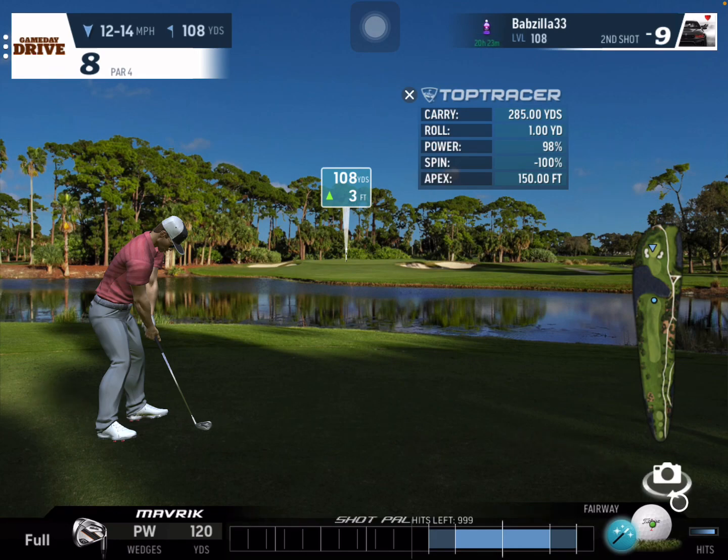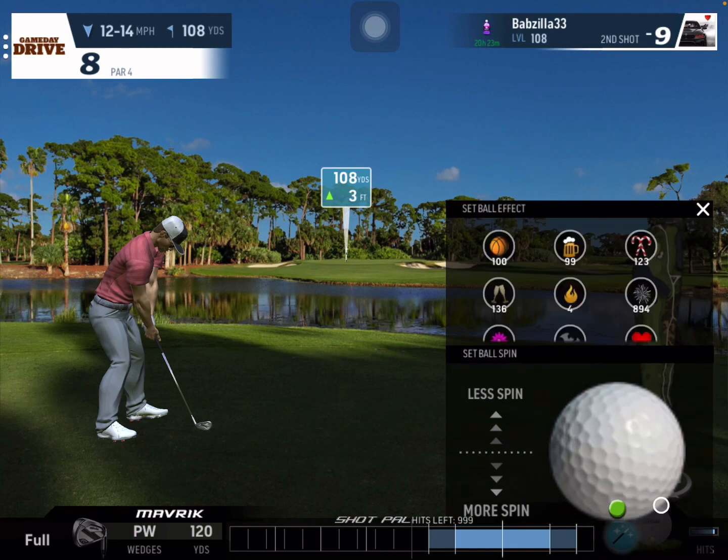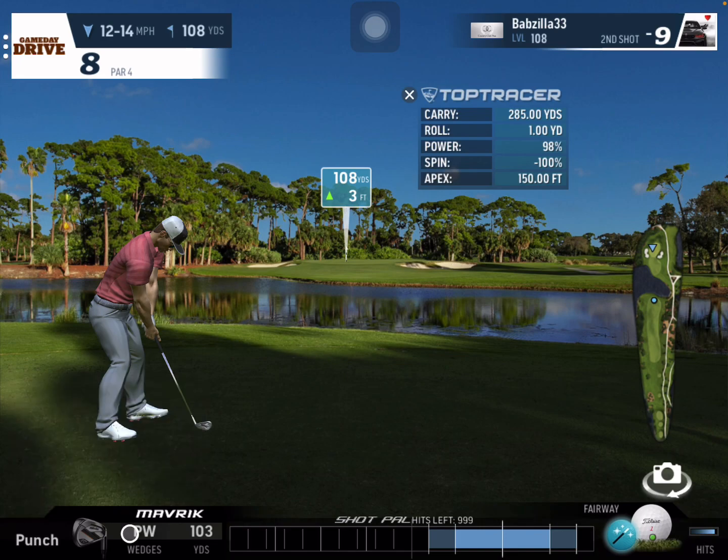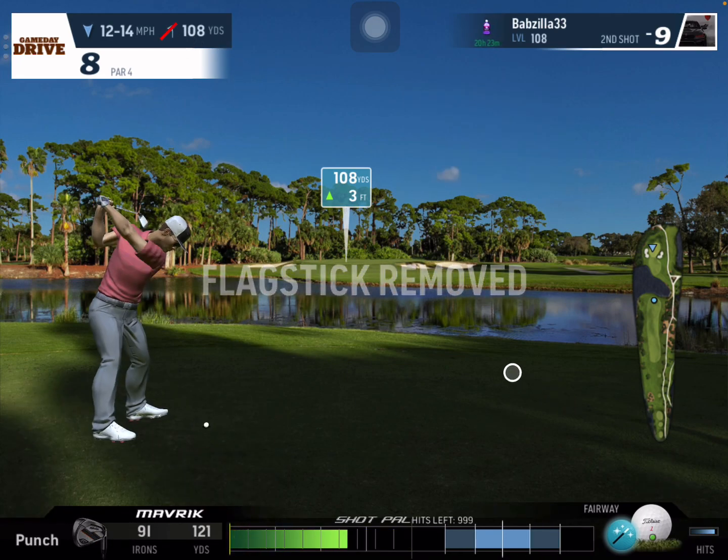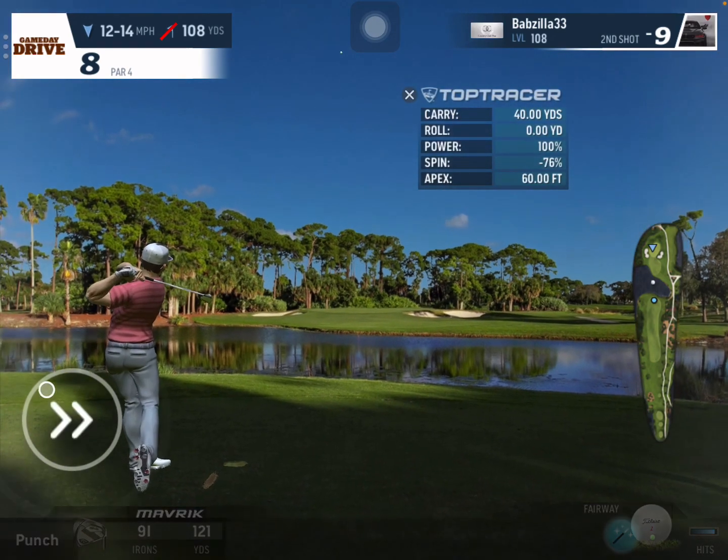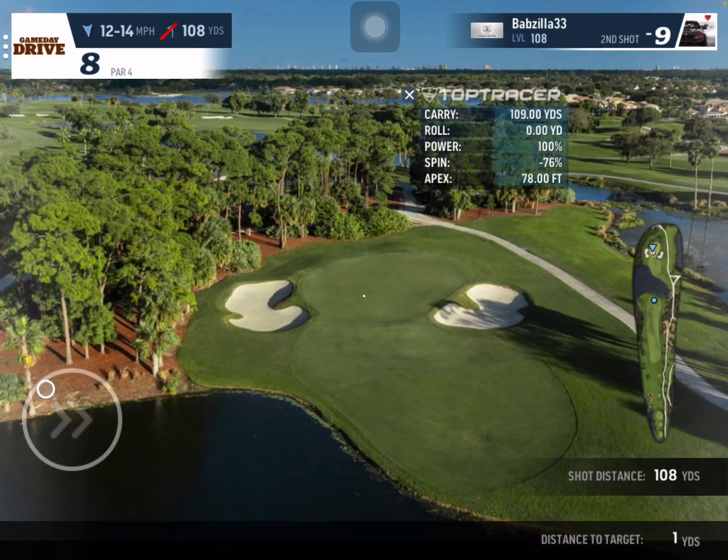This actually might be a really good 9-iron punch. I like the 9-iron punch right here, just to stay away from the pitching wedge if possible. There we go.